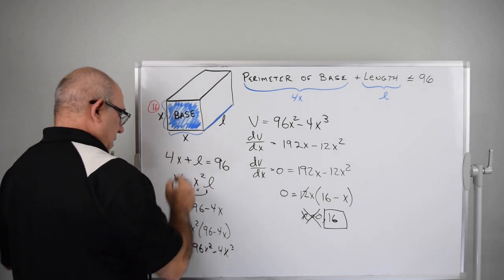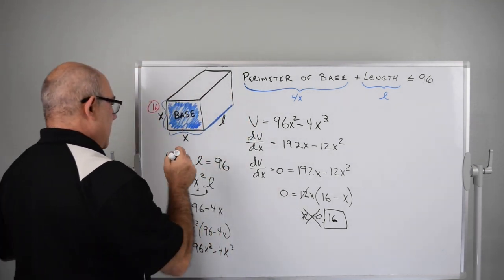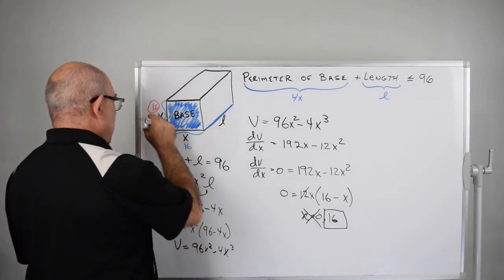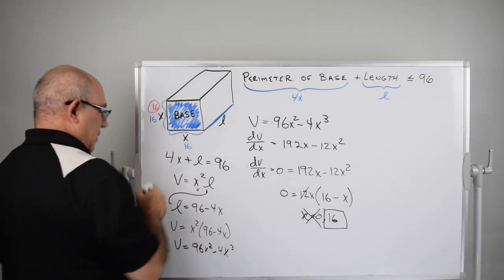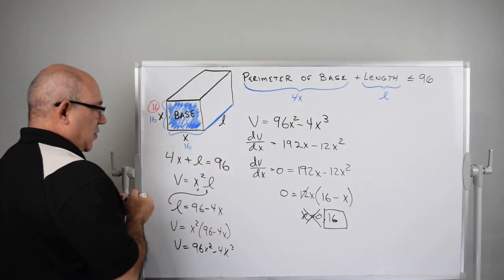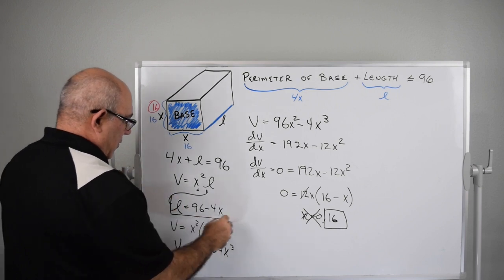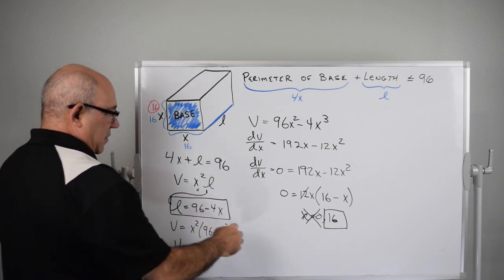So let's write that right here, using a different color. This is 16. Now we have x equals 16, so let's find L. We know that L from this formula equals 96 minus 4x.